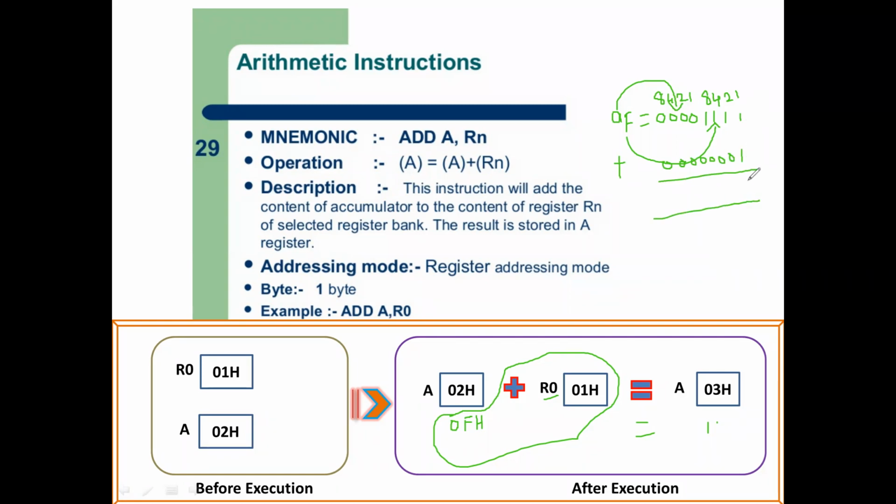Adding gives the upper nibble 1 and the lower nibble 0, so my final answer is 10H. This final answer will be in the accumulator.